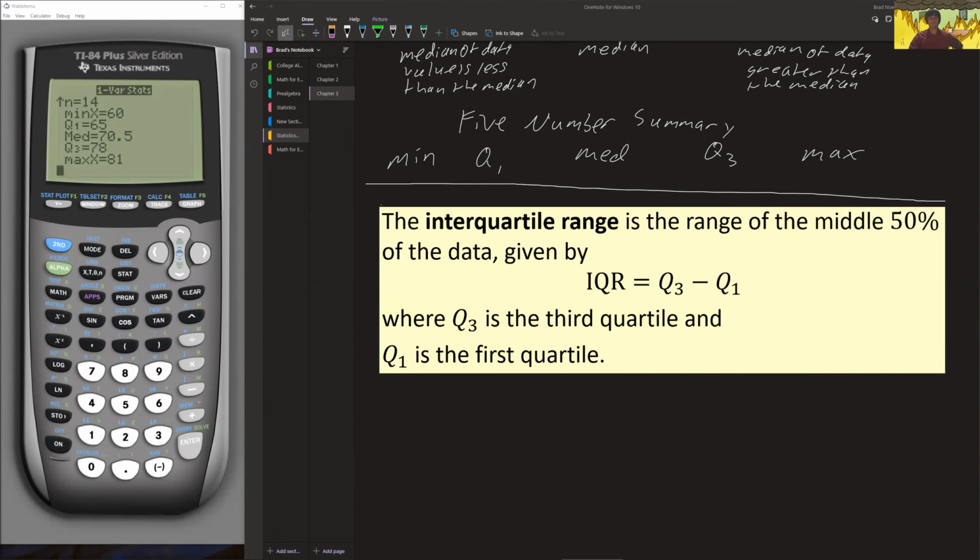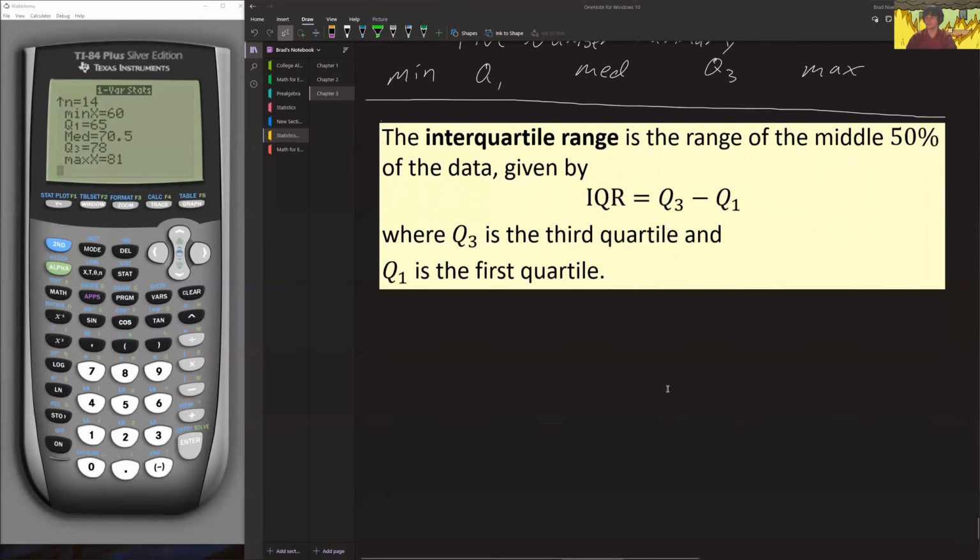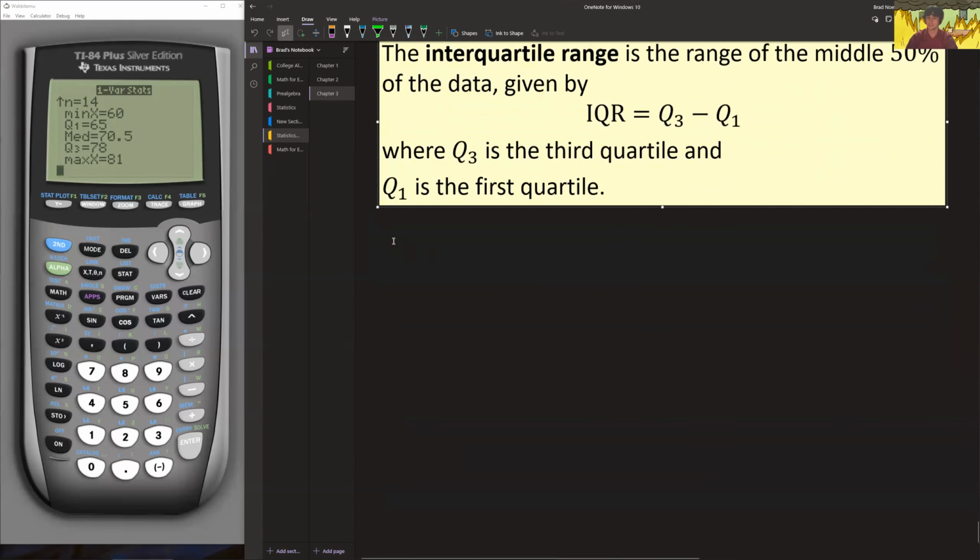We will make use of this when we are attempting to find outliers. But before then, I mentioned that I would discuss how we can make a box and whisker plot given our 5-number summary. And for this, let me get you a better image of that.